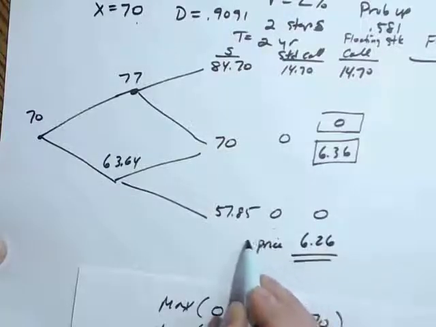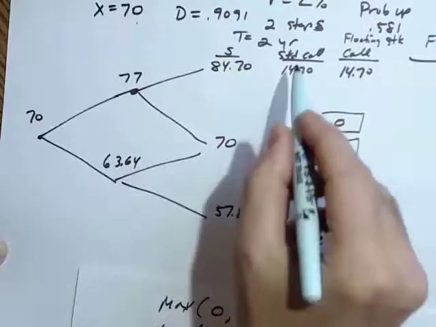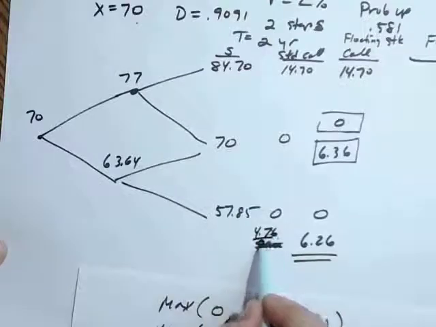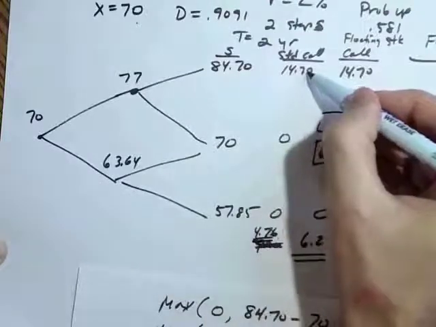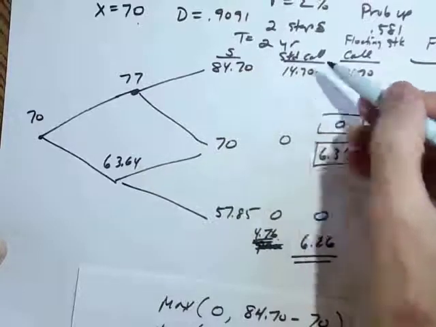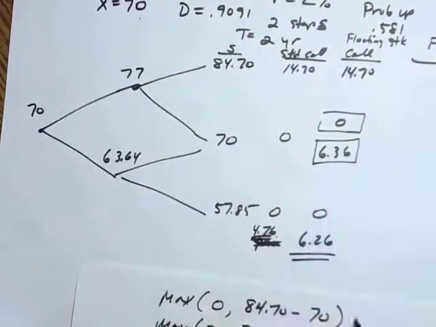And by the way, the price for the standard call would be $4.76 if you were to discount this back at the 58%, discounted it back 2 periods, and with a 2% discount rate, that's what you would get, 4.76.